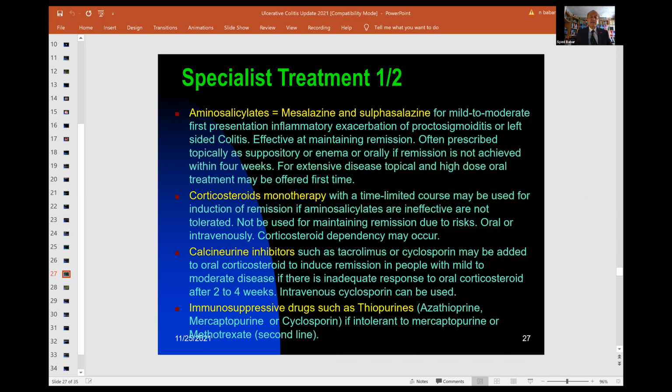But in not so bad disease, topical treatment is also given, but this shouldn't be given to someone who has got aspirin allergy or allergy to sulfonamide.